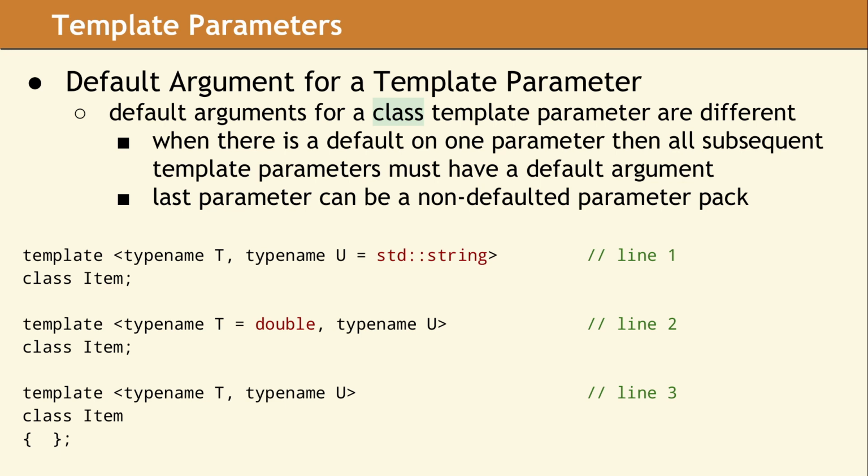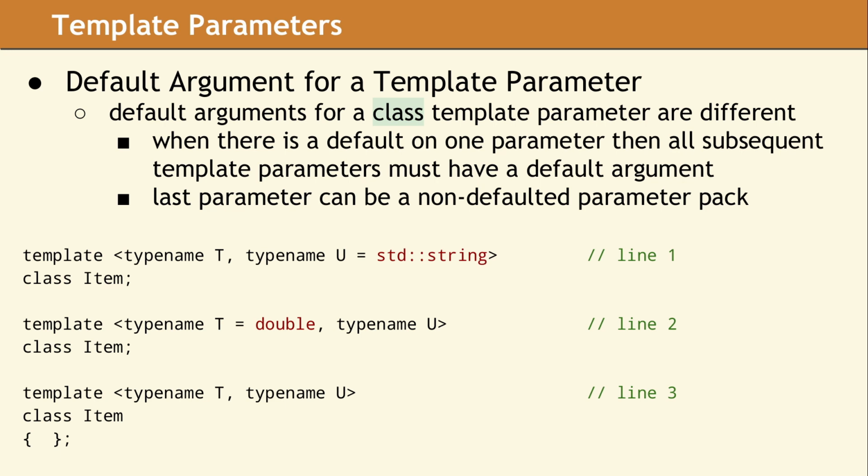compiles, which surprised us. It turns out the default arguments for a class template are cumulative, and all declarations will be combined. So the default argument from line 2 will be added to the default argument shown on line 1, which results in both parameters t and u having default arguments.